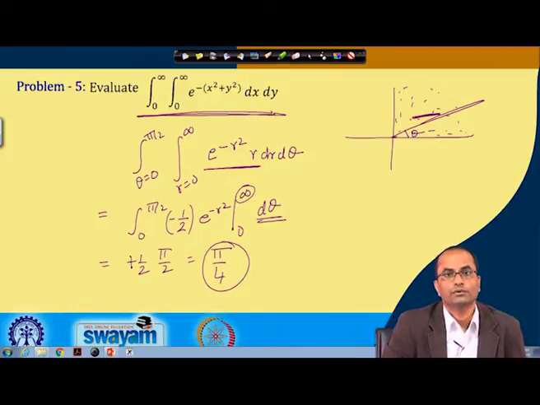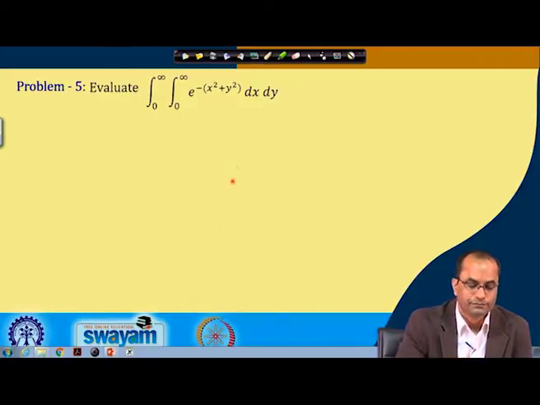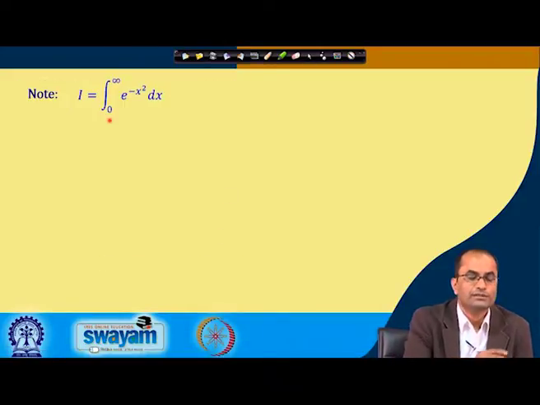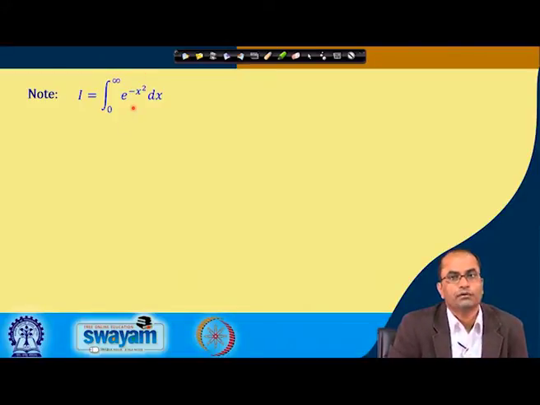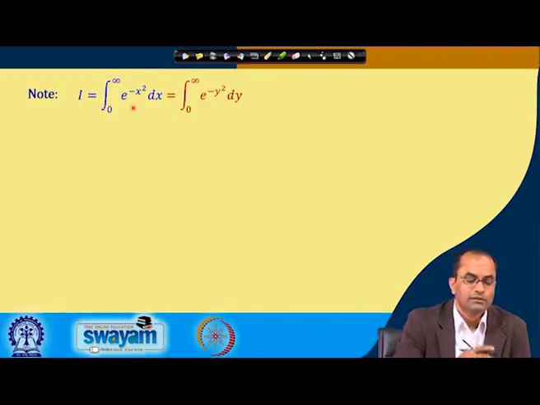This is very simple when we use polar coordinates, but it is very difficult if we try to do it in Cartesian coordinates. Here is just a note, based on the above example. If we consider this I, 0 to infinity e power minus x square dx, which is equal to another integral I am considering in terms of y. So, just the integral variable is changed to y now, but it does not matter, the value will be the same.